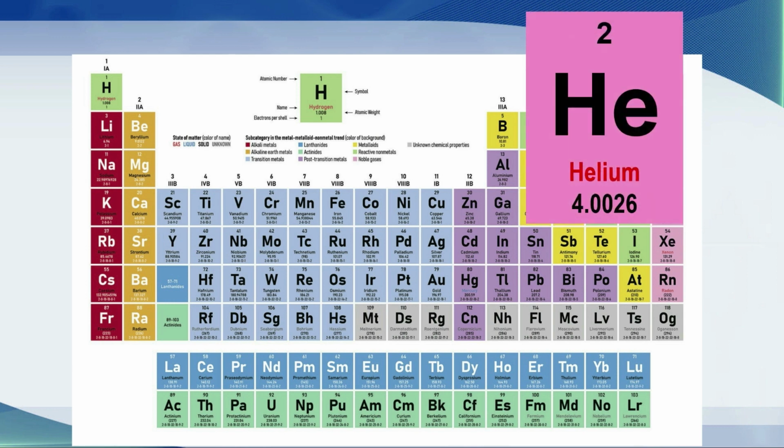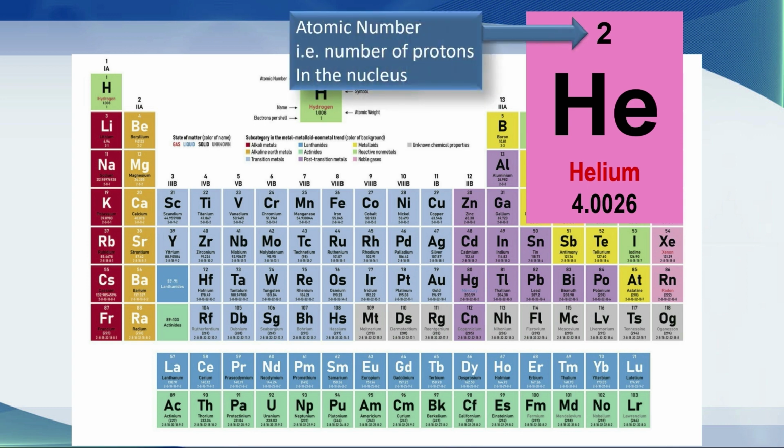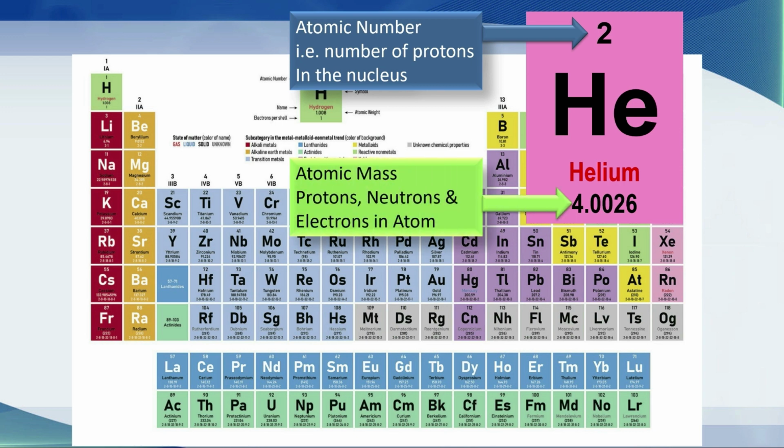This is helium, element number 2, and it is number 2 because that is the number of protons in the nucleus. 2 protons, that's its atomic number. Below this, you'll see this number here, and that is the atomic mass, and the atomic mass of helium is 4.0026, and that contains all of the protons, the neutrons, and the electrons in the atom.